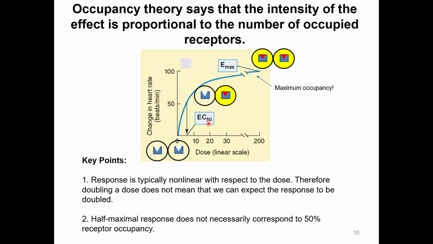So that EC50 value is a very nice thing to know because it allows you to put a number on the effect of that drug. How much drug do you need to get a response that's halfway to the maximal level? So EC50 is a very important number to determine. A couple of other things to mention here. This is a nonlinear response.